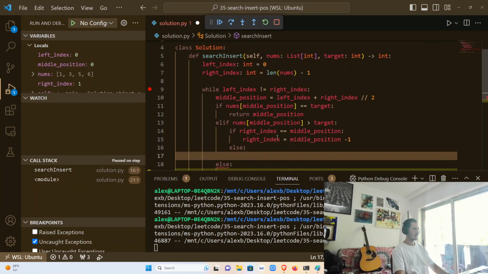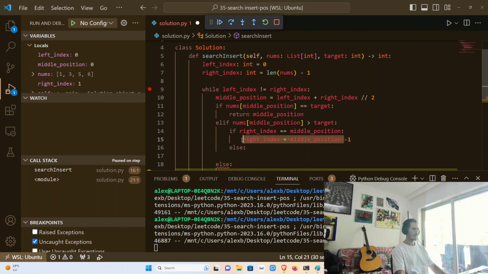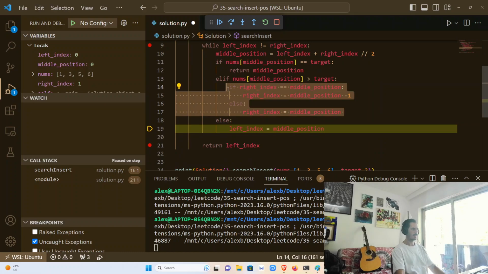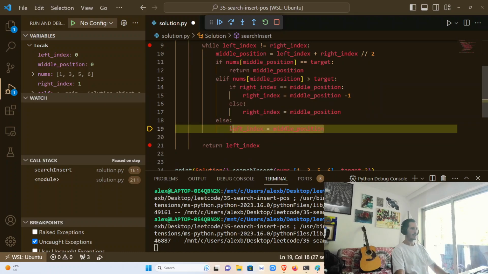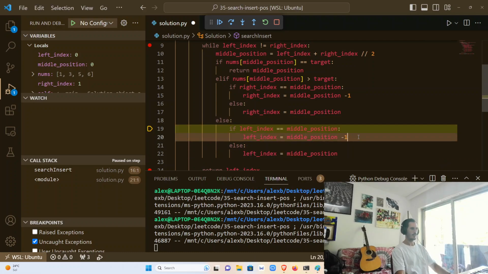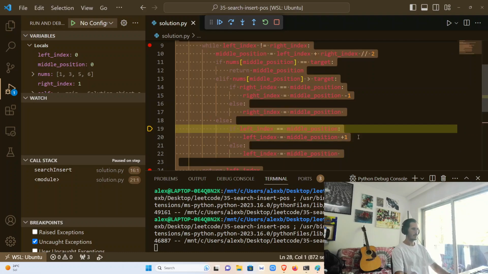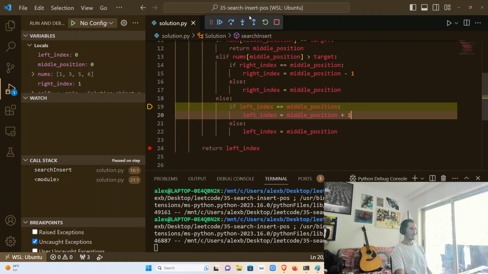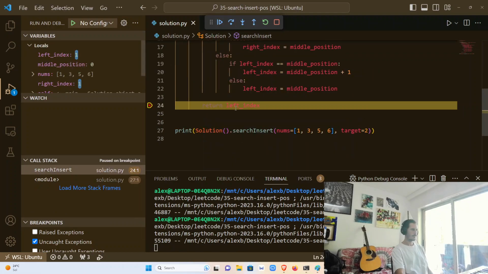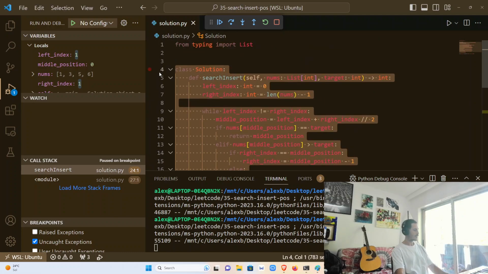Else, and now it's the same thing. We just replace right with left, and instead of subtracting, we add. Okay, let's see if this works now. Yeah, I guess this works. Let's give it a shot.